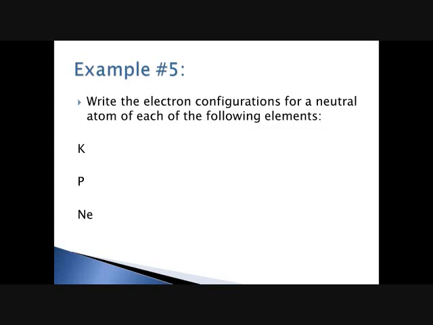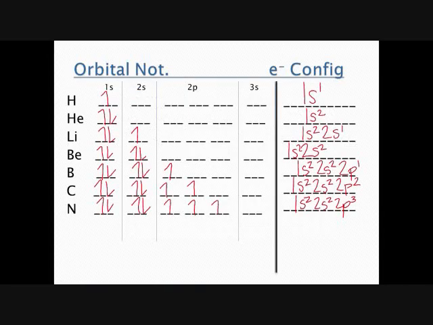Just before we do this, to refresh your memory, not the big number, but the exponent number tells you how many electrons are in that element. So hydrogen has 1, and it's because of that 1. Helium has 2 electrons, and we know that because of this 2.